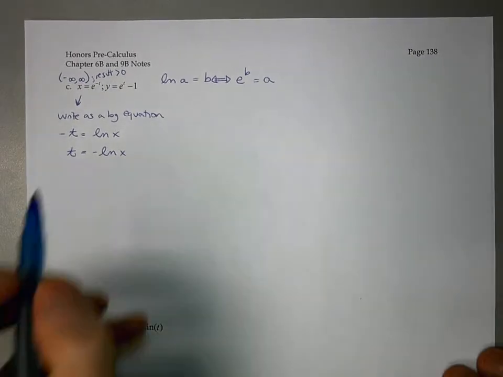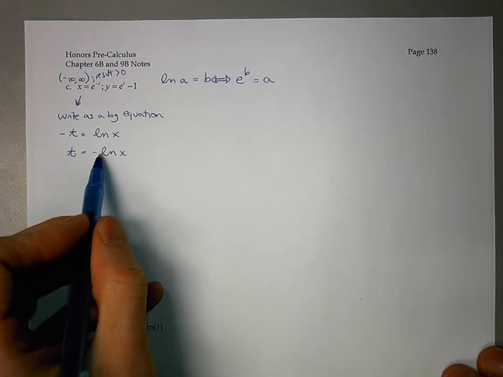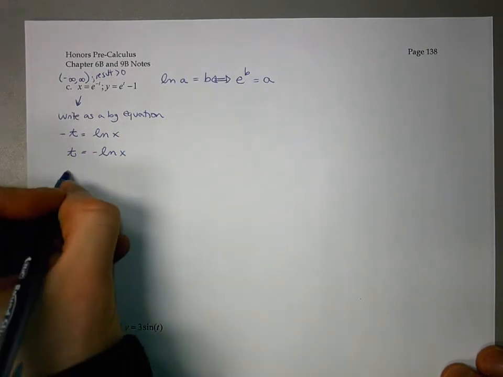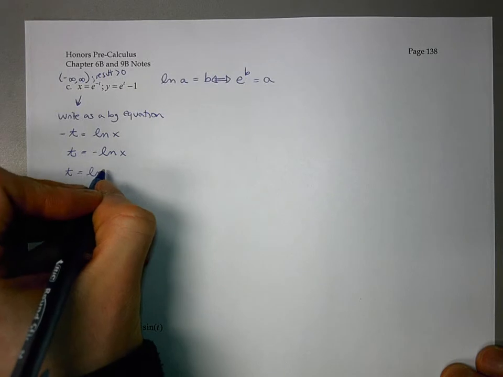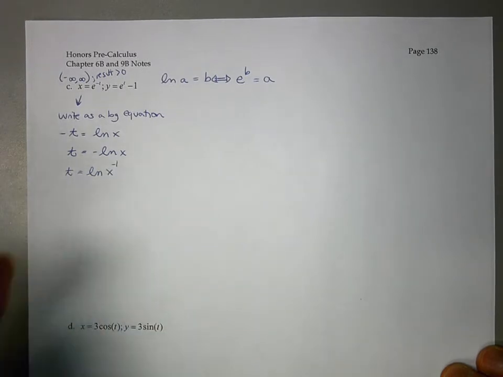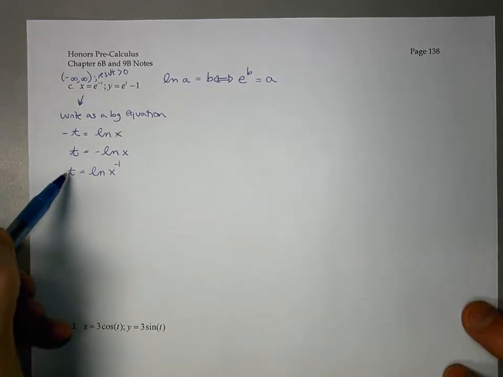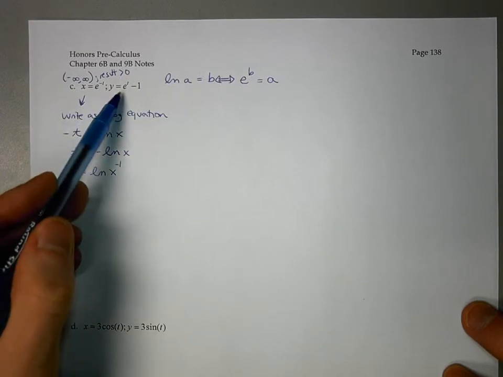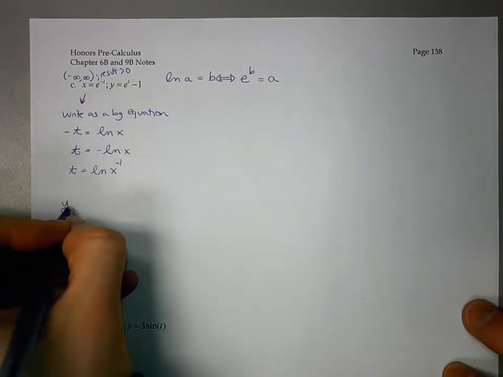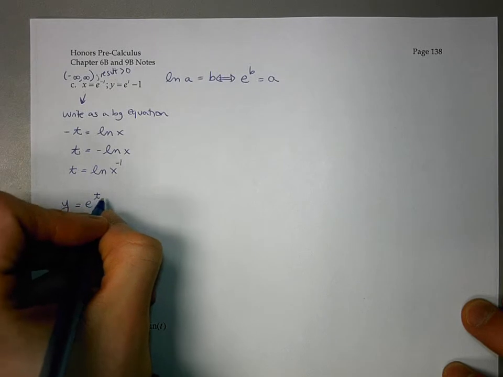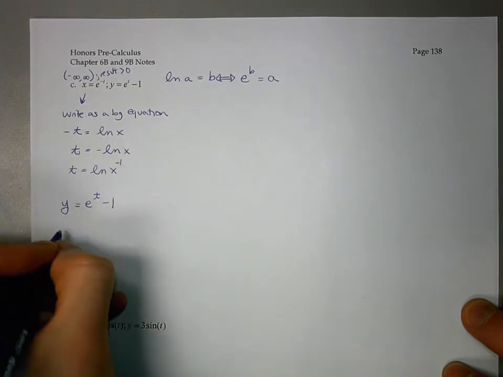And we know that when we've got that negative in front, we can pull it up to the exponent. So t is equal to the natural log of x to the negative 1. So now that I've got t written as a log equation, solved for t, I can plug t into the second equation. So y equals e to the t minus 1.